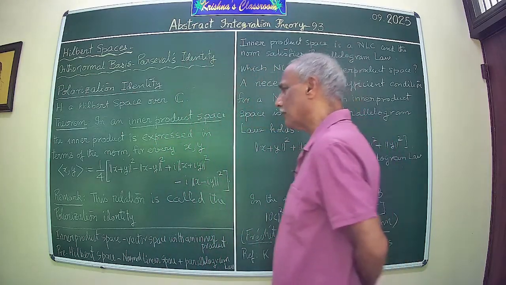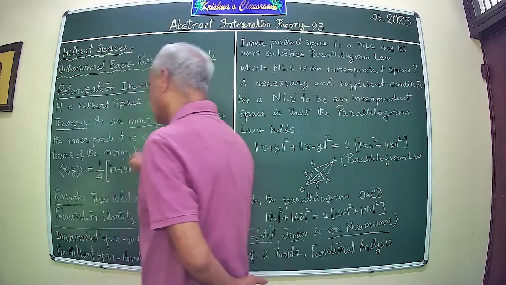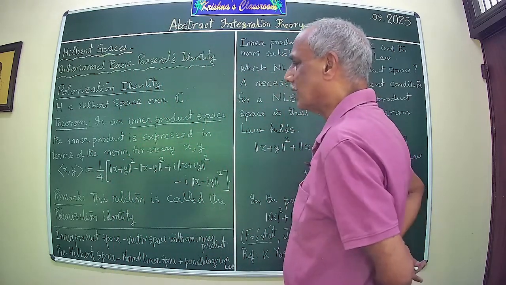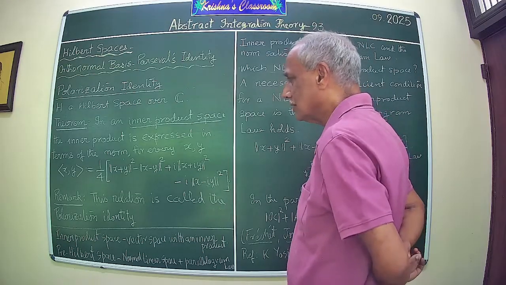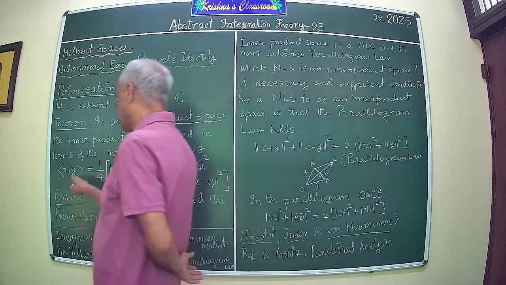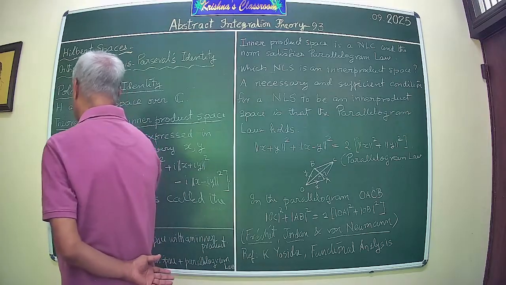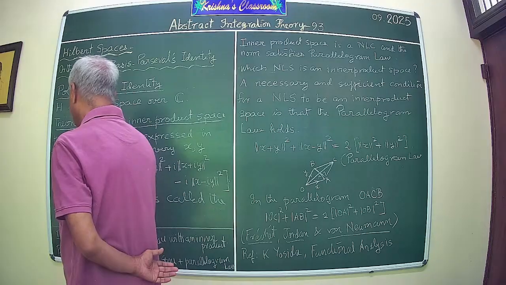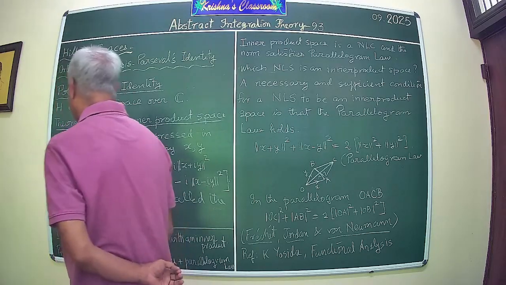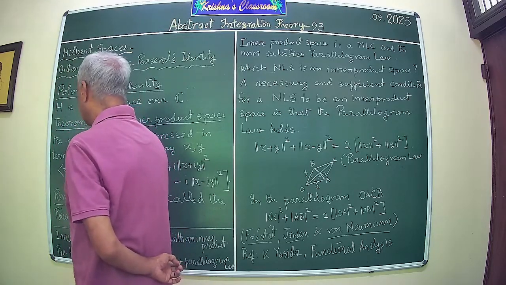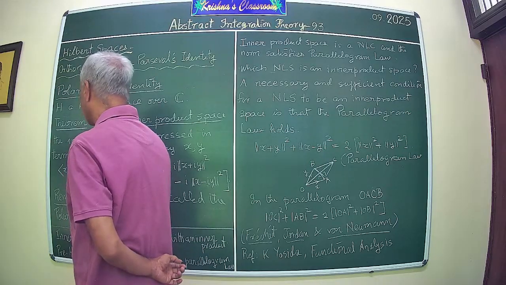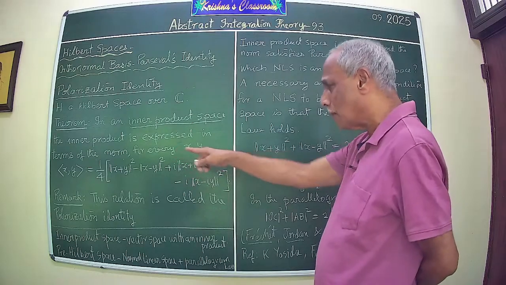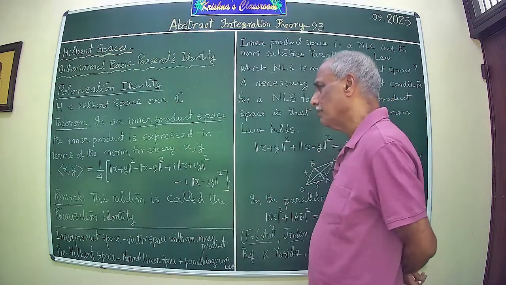And then the inner product of x with itself is greater than or equal to 0, and equal to 0 if and only if x equal to 0. Then what are the other properties? The conjugate of the inner product of x and y is equal to the inner product of y with x. Those are very easy to verify.